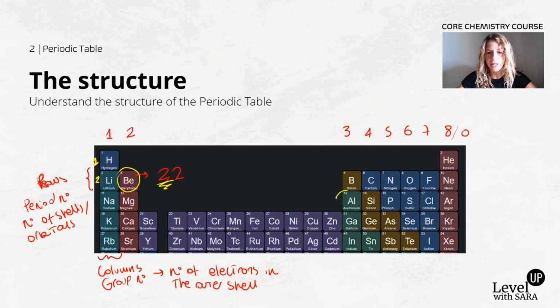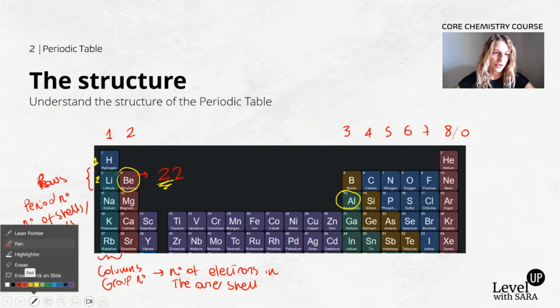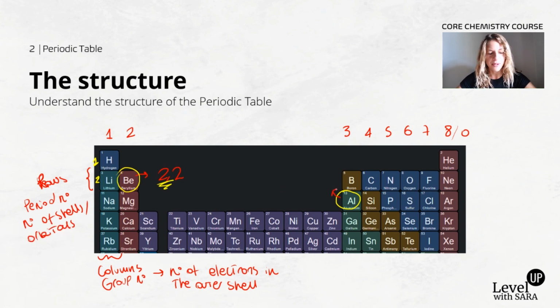Okay? Let's try one more time. Let's try with aluminium. Can you try to write the electronic configuration and then link it to the position in the periodic table? Off you go.